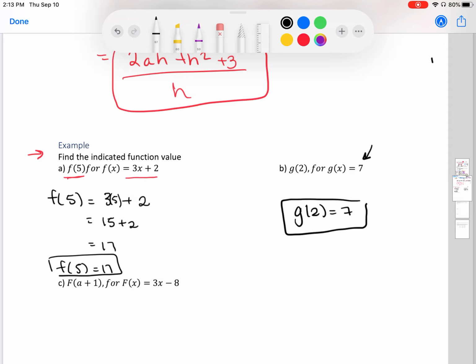There is nothing for us to plug it into. This is also called a constant function because we're always going to get that same answer. There's no x or value to plug in and work with.